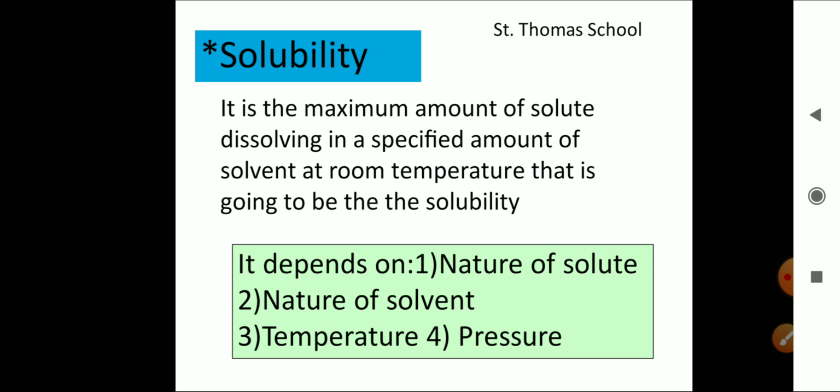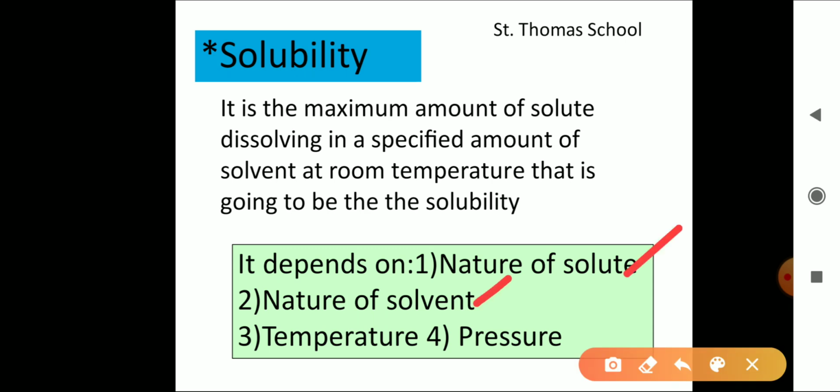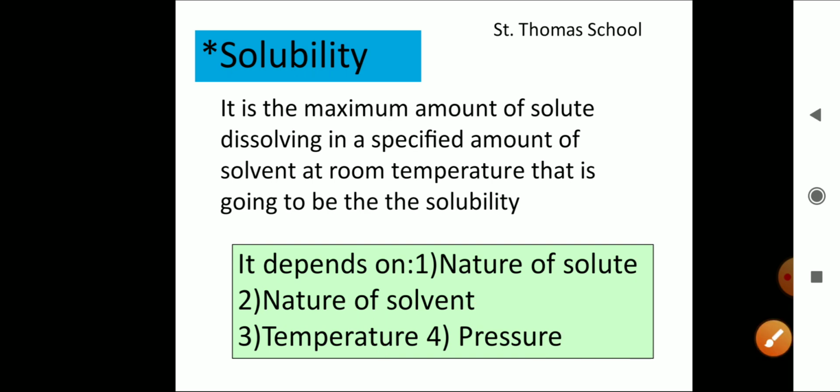Now this solubility depends on what? It depends on nature of solute, then nature of solvent, temperature and pressure. Okay, they depend on nature of solute, nature of solvent, temperature and pressure.